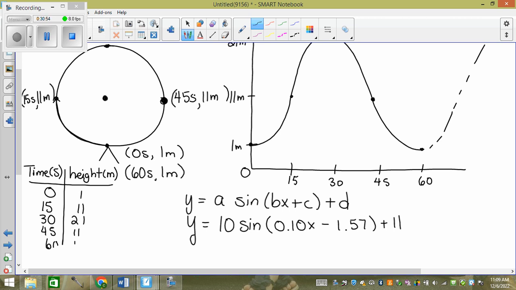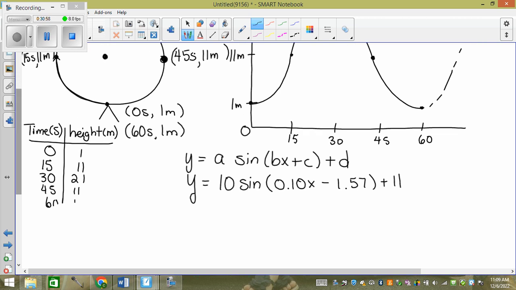Okay, I want you to do some questions now for me. So this is what I want. I want to know at what height is the rider? What do I have to give you if I want the height? Some sort of time, right?